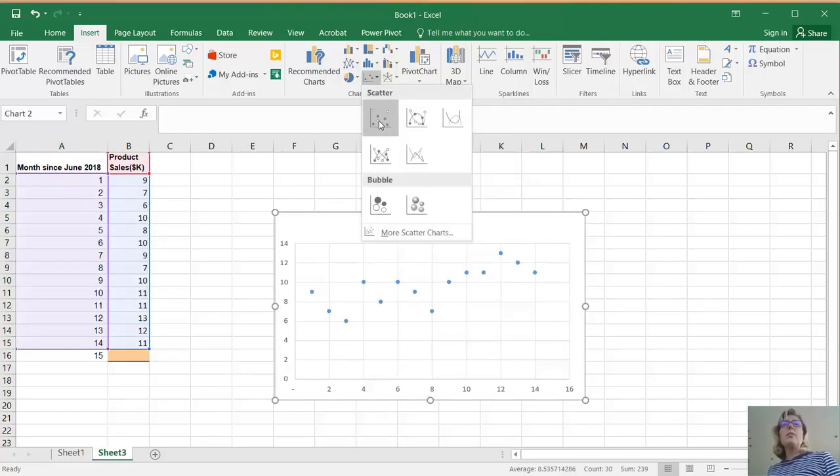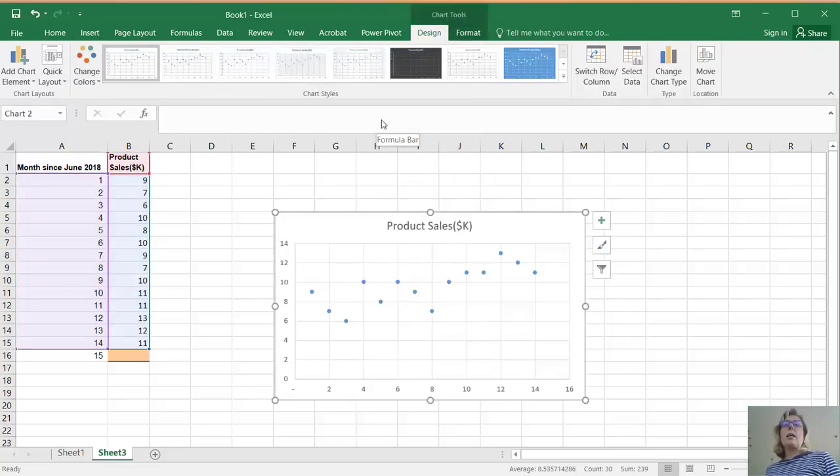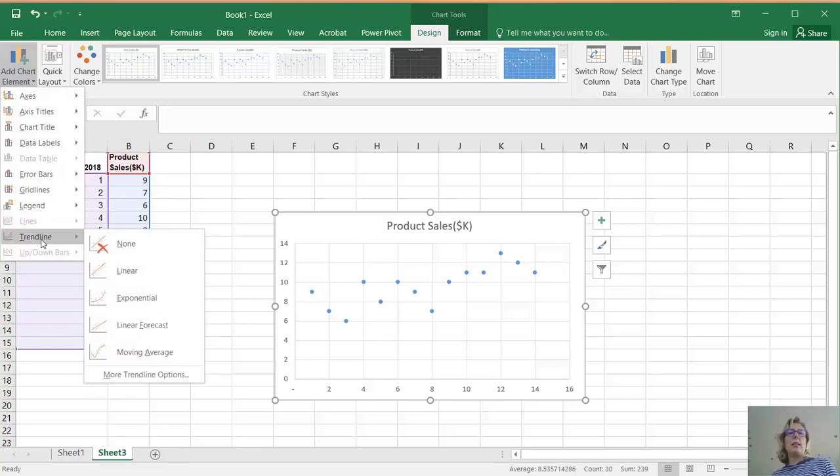because we're going to do something with this scatter chart here. It looked like the line chart, except there's obviously no lines. But we're going to now add a chart element in, and we're going to add a trend line in.